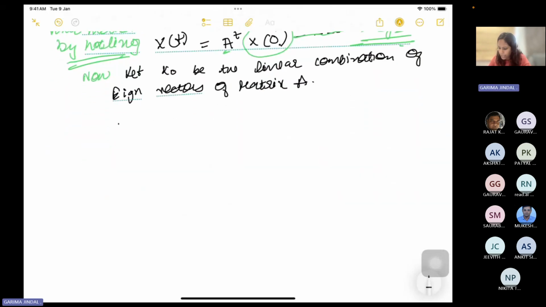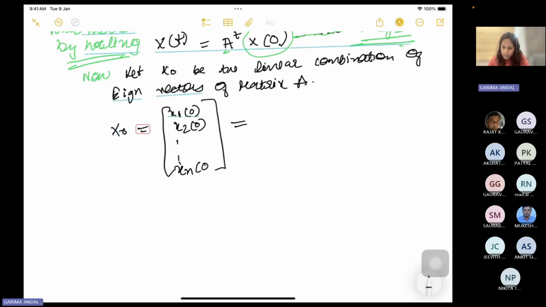Now x0 represents the initial popularity of all the nodes, and there were n nodes in the network. We can represent this particular vector as a linear combination of all the eigenvectors.